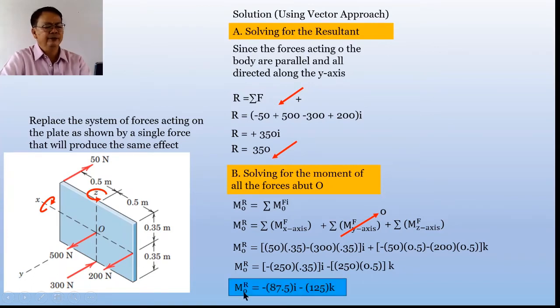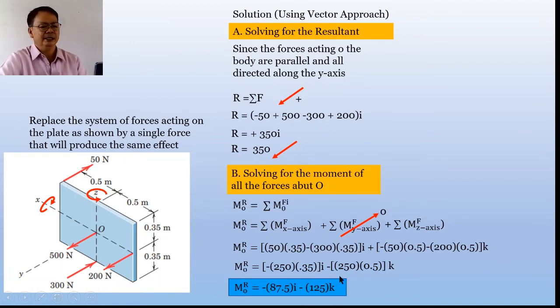Or when we simplify this part, it becomes equal to negative 87.5 i minus 125 k.